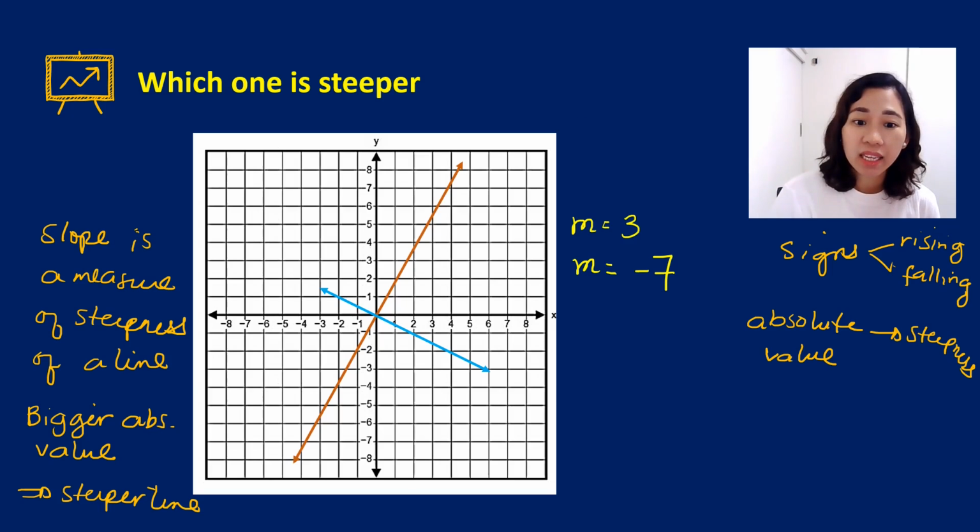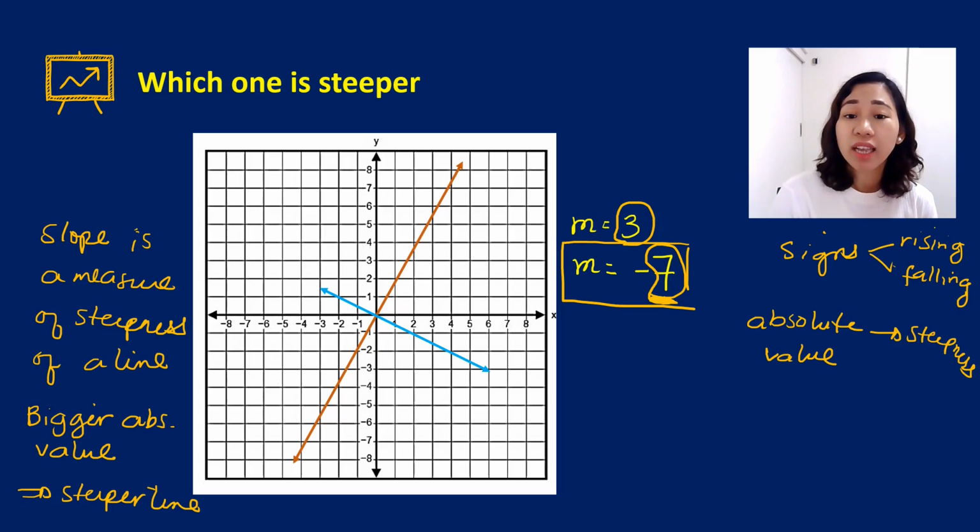The answer is the slope equal to -7, because the absolute value of -7 is 7. So you just look at the number and you do not look at the signs. 7 is greater than 3. So therefore that one is steeper.